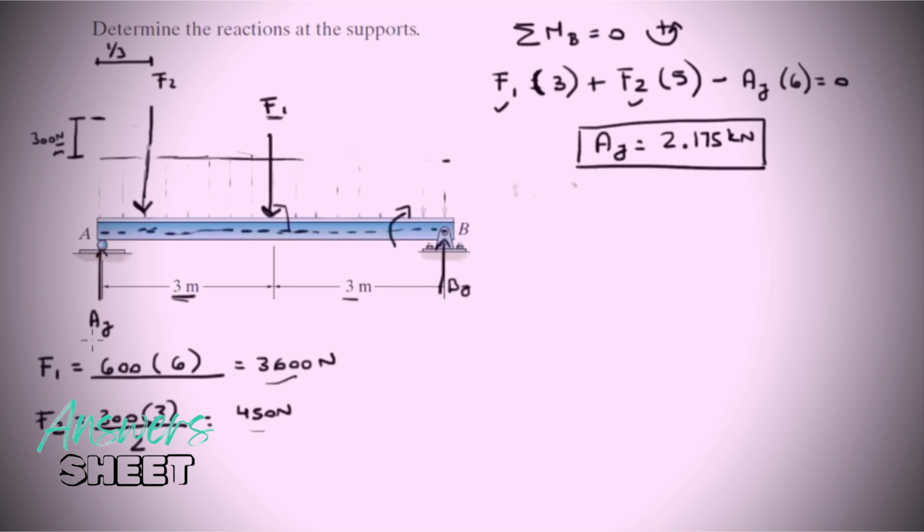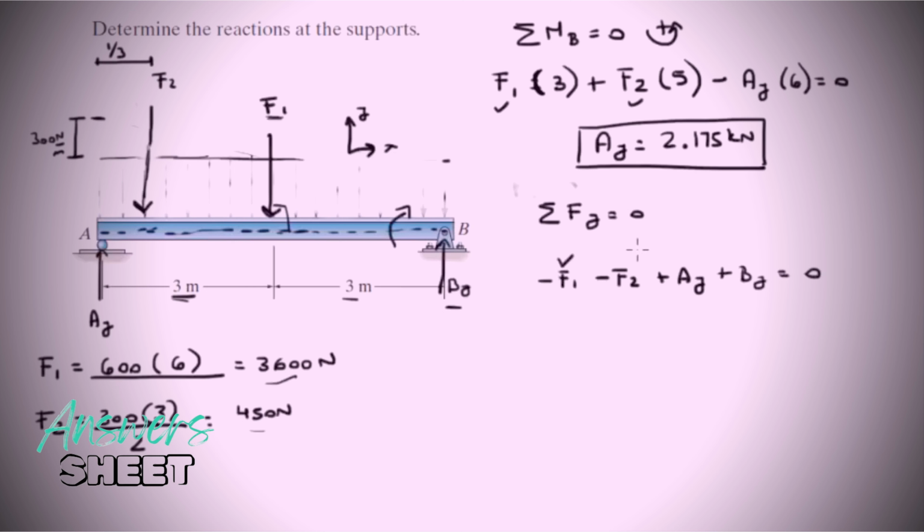And then to solve for BY, you can simply do the sum of the forces in Y is equal to 0, assuming this orientation, of course, X, Y. So you get F1 going down, F2 going down, AY going up, and BY going up, and that is equal to 0.